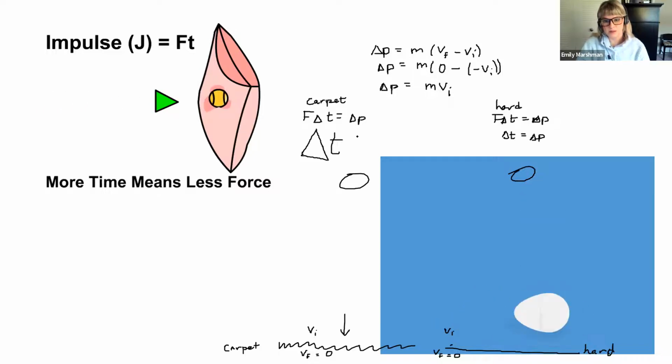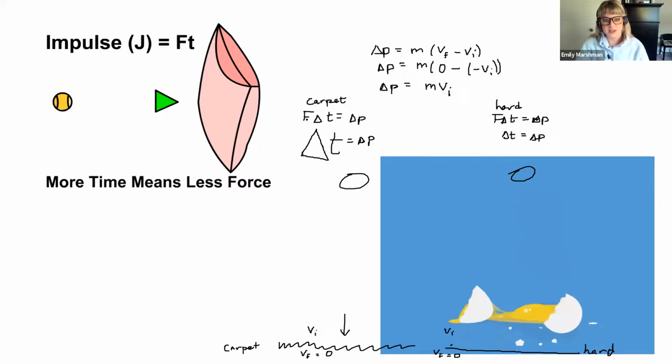But if the change in momentum is the same for both the carpet and the hardwood, what does that tell me about the force? Well, the force must be very small for the carpet, and the force must be very big for the hardwood to keep these two things the same.